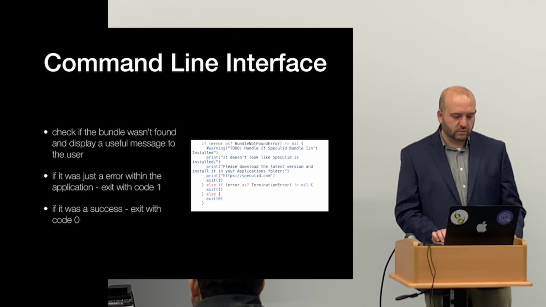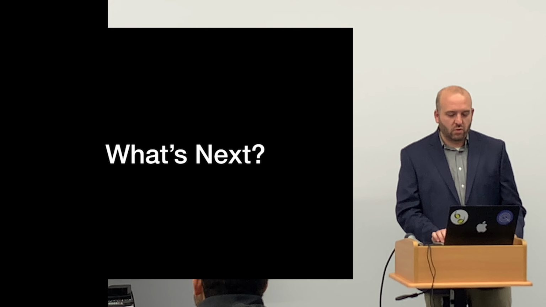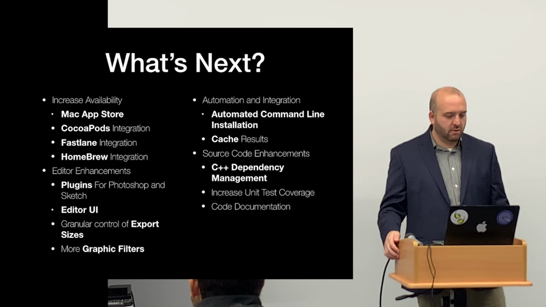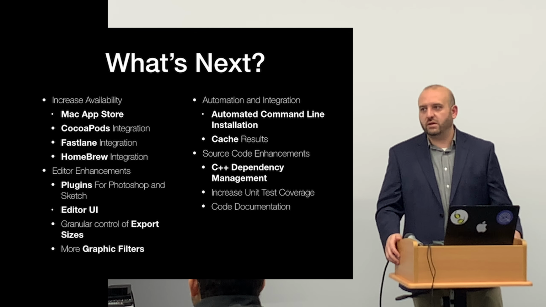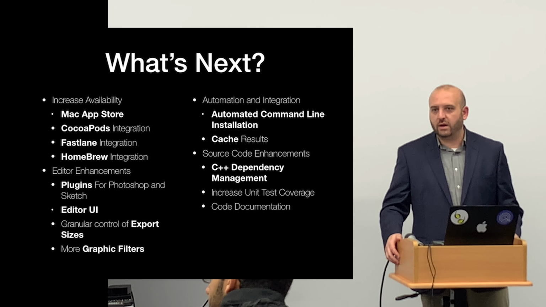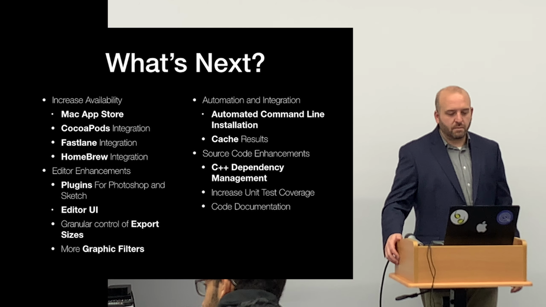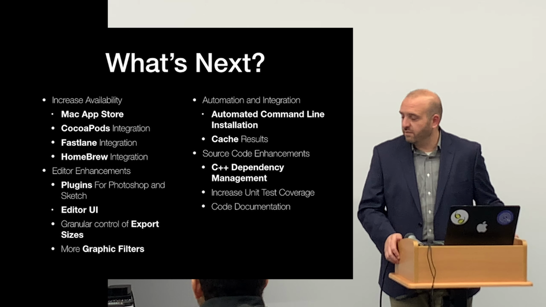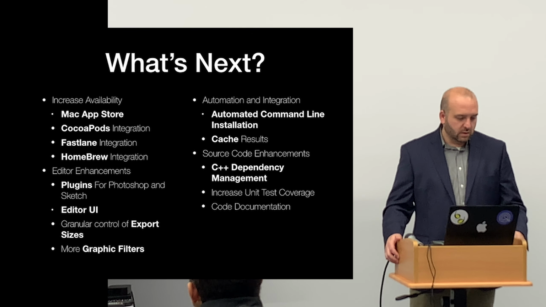So the features I'm looking at adding at some point: it would be interesting to add it to the Mac App Store, but sandboxing is a big hurdle. I'd like to have CocoaPods integration so you don't have to necessarily install the app, but just have it as a pod, kind of how SwiftLint or SwiftFormat does things. Fastlane integration, which I actually talked to Felix at try! Swift about. I think that's something I want to move forward with, and maybe installing it from a Homebrew package again.